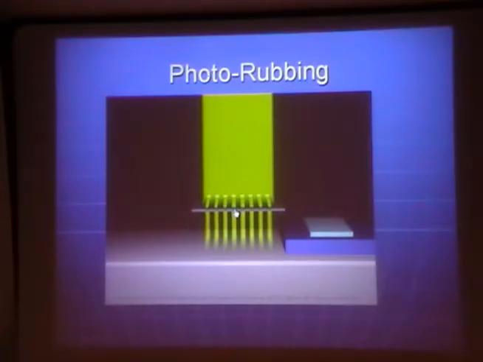How to break the symmetry? The symmetry breaking is coming from the relative motion of light and the substrate. It is the way the substrate is being moved under this textured light that dictates which way the liquid crystal should be pretilted.